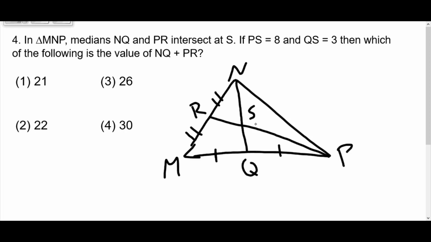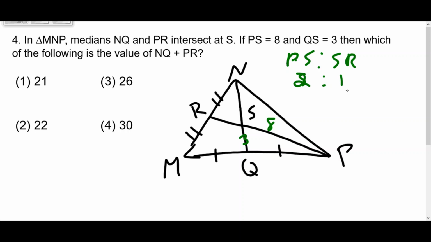All right, so we are told that PS is equal to 8, so let's draw the 8 here. And we're told in this case that QS is equal to 3. Now, each of these pieces are parts of the median, but they represent different parts. So, for example, the ratio of PS to SR is 2 to 1.